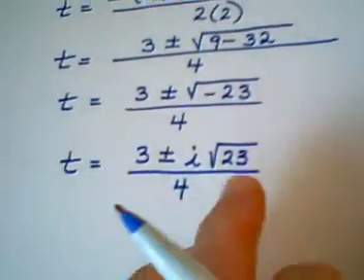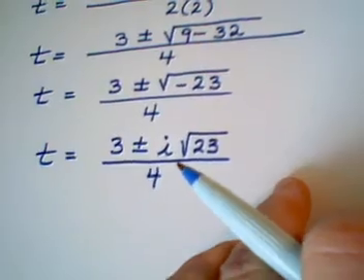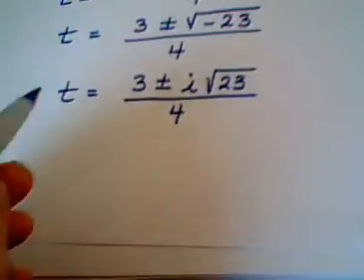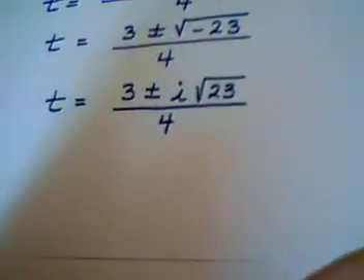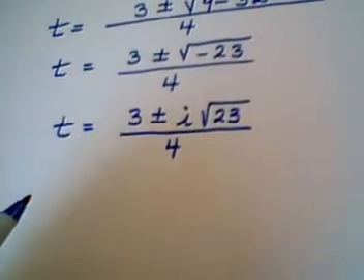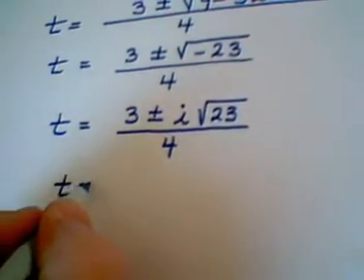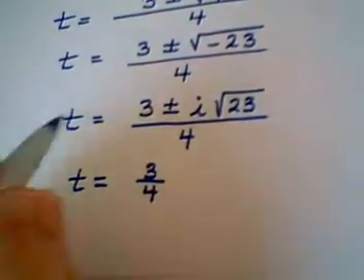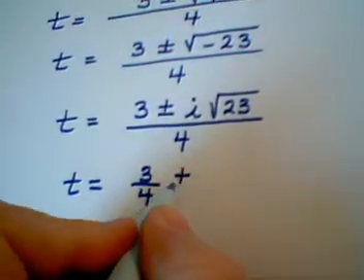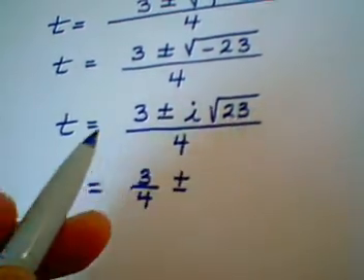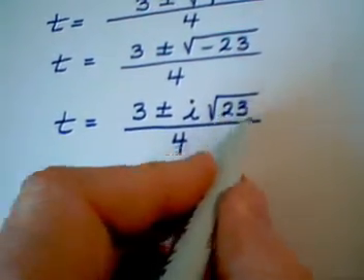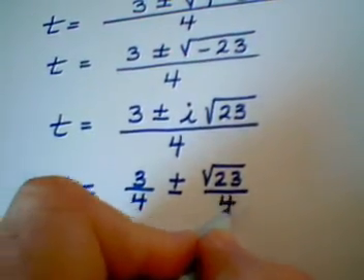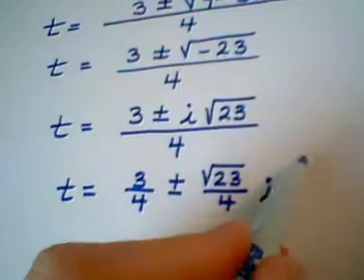Now, sometimes when your answer comes out to be a complex number, you're asked to write it in standard form, which basically means to pull it into 2 separate parts. So if you were going to write this in standard form, you would write the 3/4 in front, 3/4, plus or minus, and then you would have the square root of 23 over 4 times i.